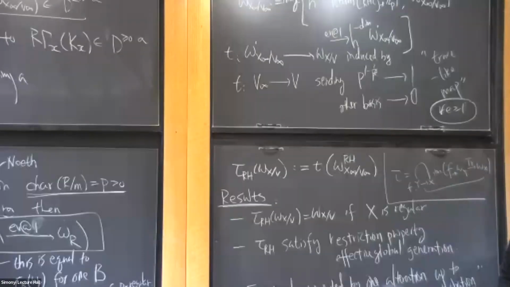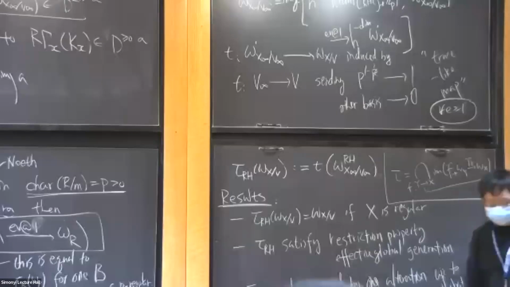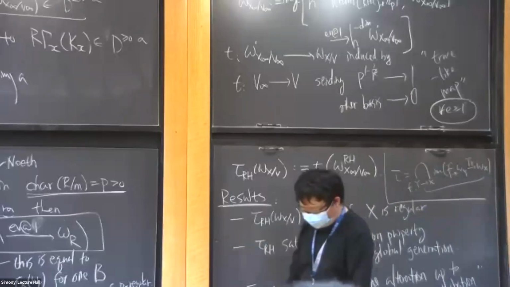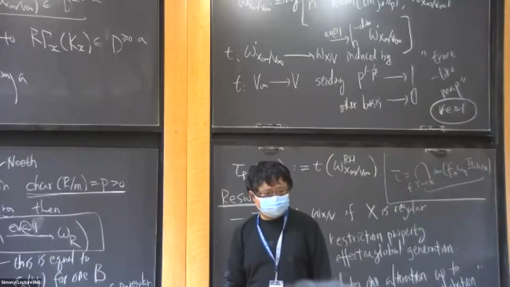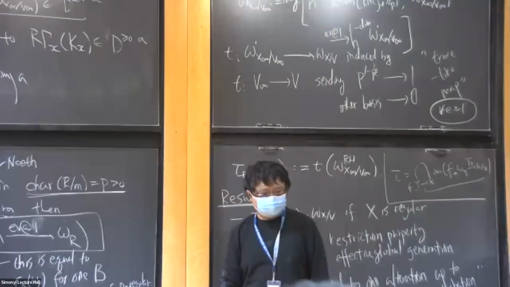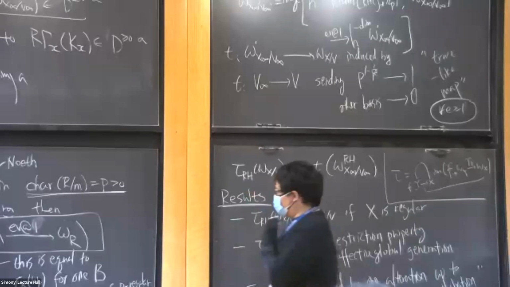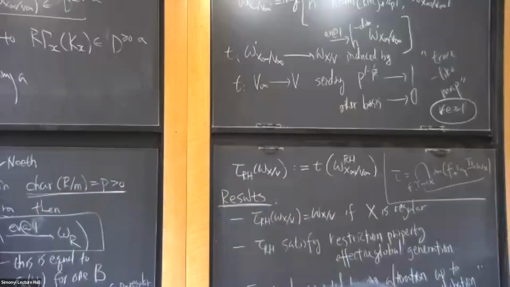Can I ask a basic question, back to an earlier one: can you say anything about the class of rings for which this object is the same as omega R? Do you mean in mixed characteristic? Yes.